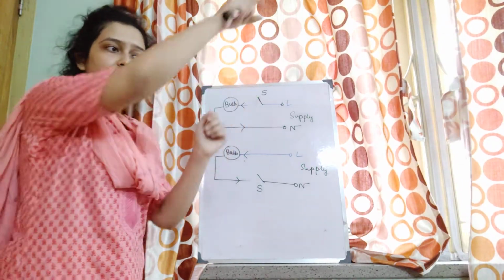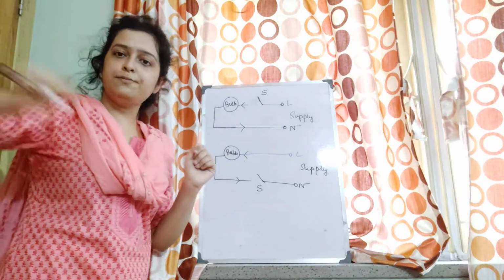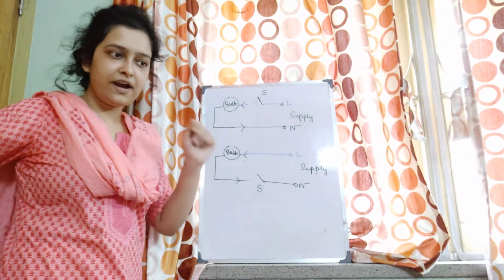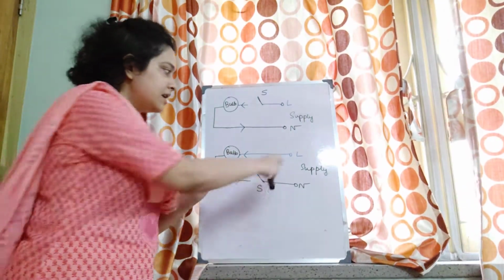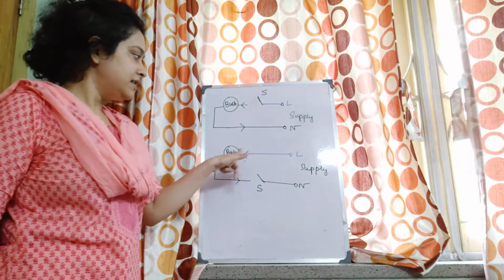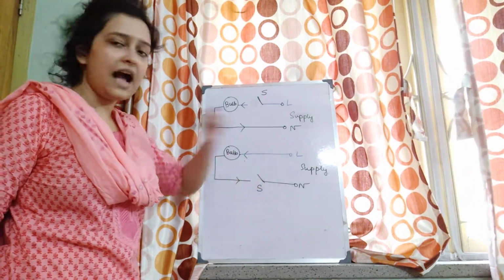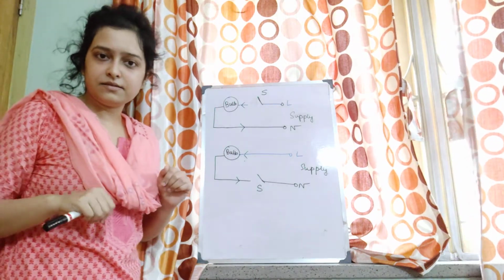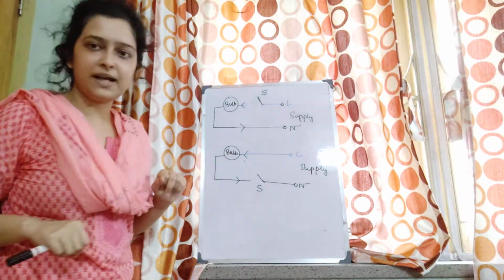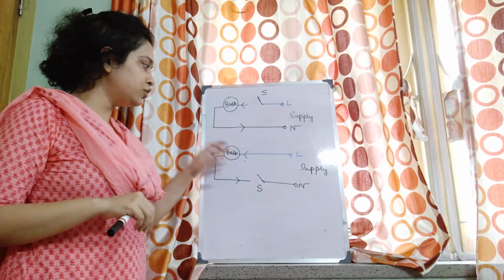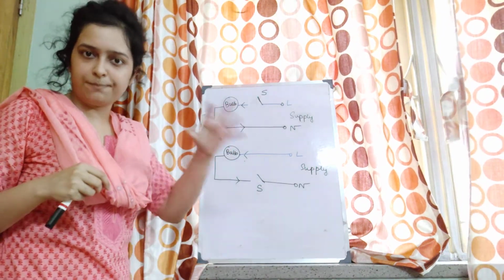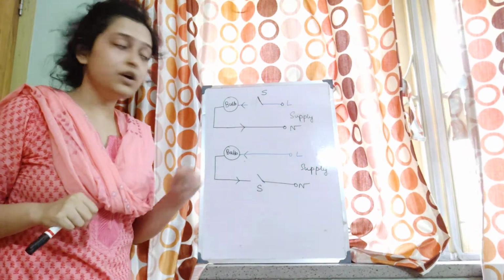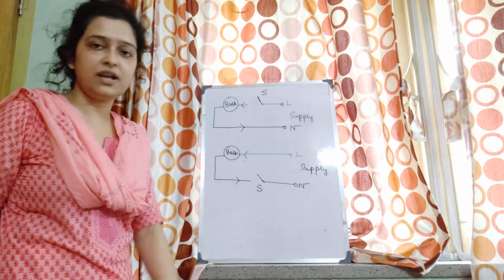So if you want to carry out any repairing work, or touch the bulb at that time, obviously you will get a shock because the bulb is still connected to the high potential live wire.